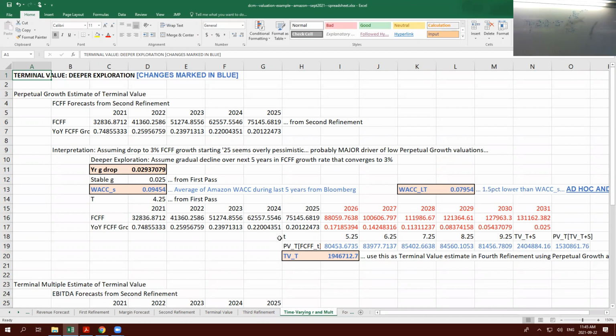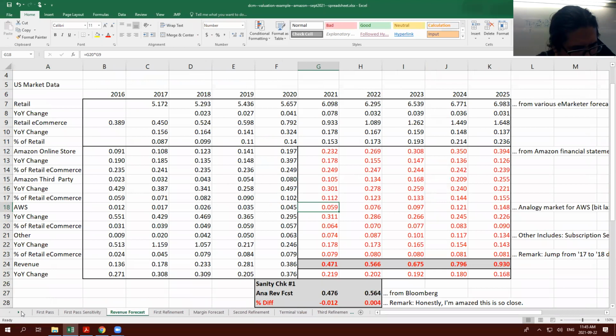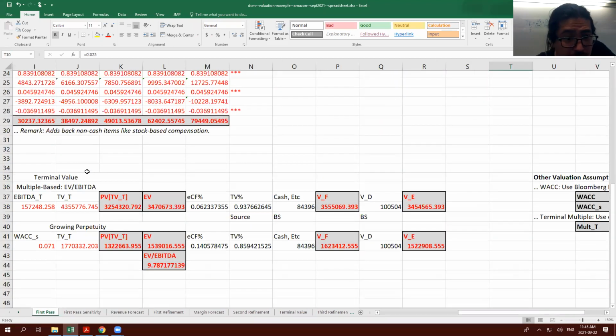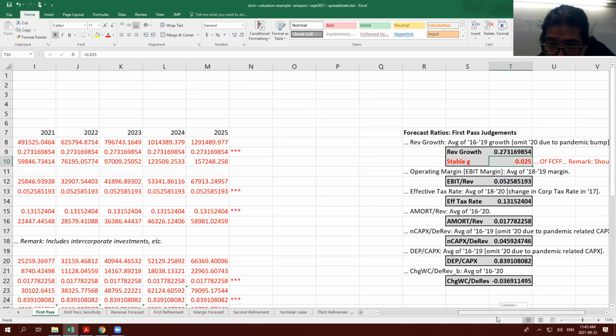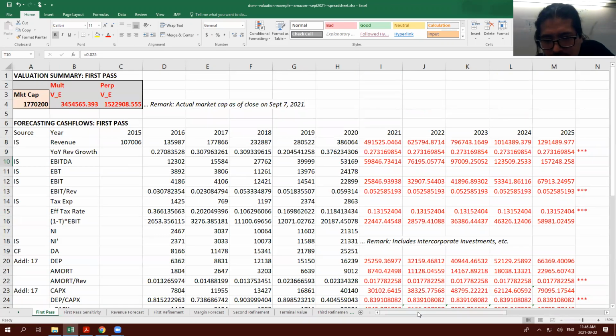Remember the whack I got from just log on to Bloomberg, AMZN, US equity, click, whack, click, number, enter into Excel. That's right. It was 7 point, I think it was maybe 7.1%, but I don't totally remember. So let's dig that up first pass. Oh, it's going to be on the side.